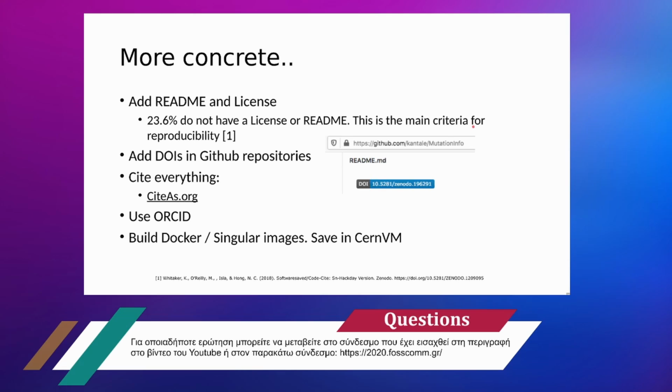I already said that, but 23.6 percent do not have a license or README file in their repository, which is the main criterion for reproducibility. Another thing is that the fact that you have a GitHub repository doesn't make your code citable.